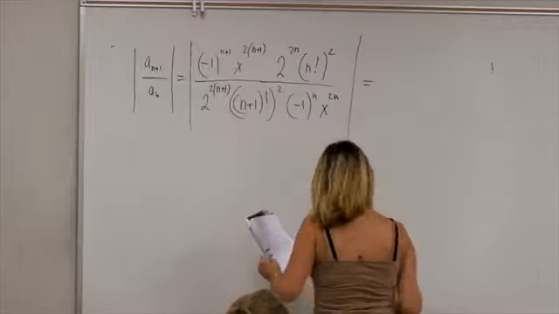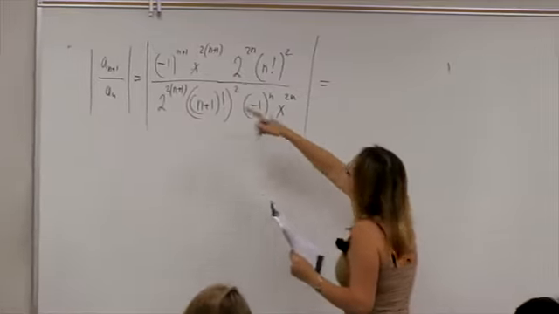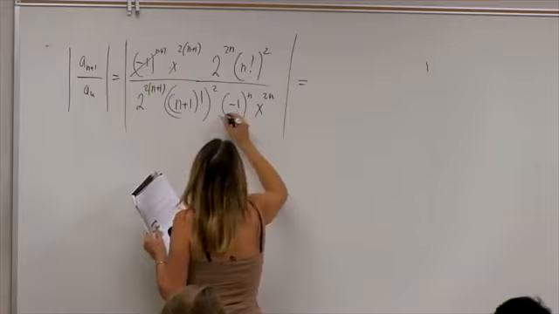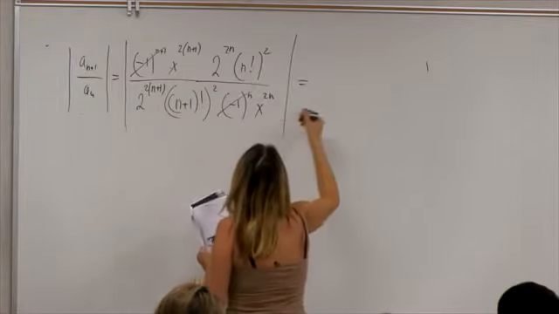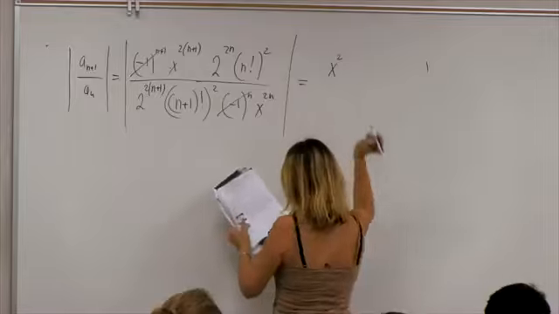Because I'm interested in the absolute value, I can get rid of the minus 1s. I have x^(2n+2) divided by x^(2n), so I have x squared. Right?